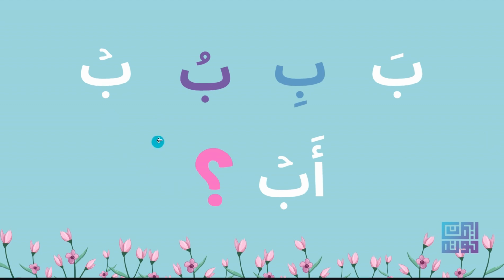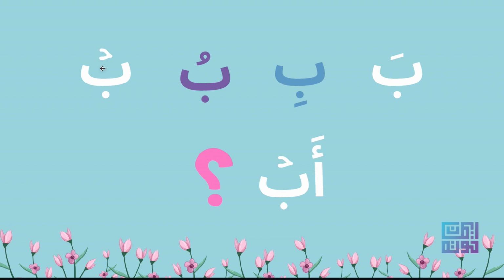But before we move forward, we need to mention that this sign, if you find it above any letter, this letter is in a Sukoon state. Meaning, as I just mentioned, that it is not a moved letter. It doesn't have a fatha, kasra or damma. It has this Sukoon sign, meaning that it is silent. And letters, when they are silent, are pronounced in different ways.